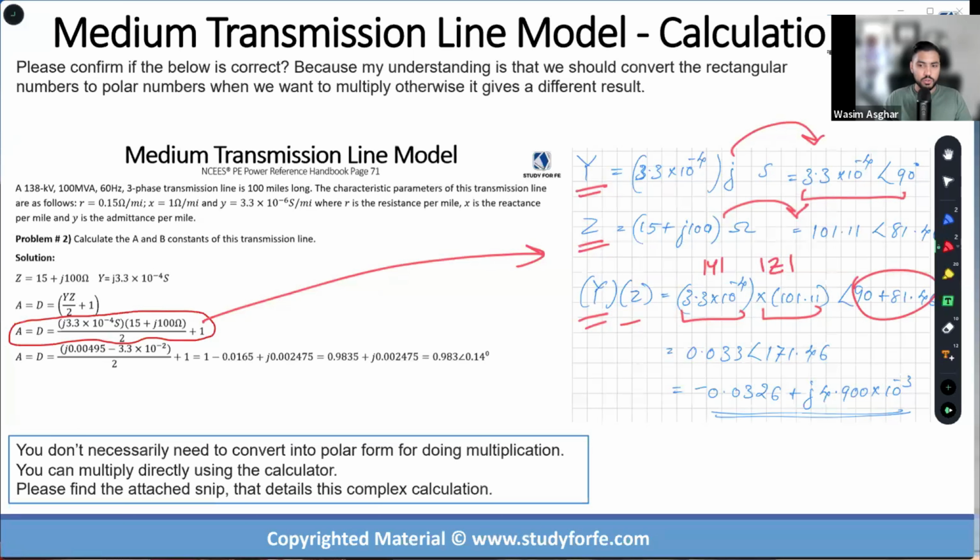Okay. So there are multiple ways to skin a cat. Make sense? And if you are punching these numbers properly into the calculator, you don't have to even worry about it. It is just math 101. Okay? Make sense?